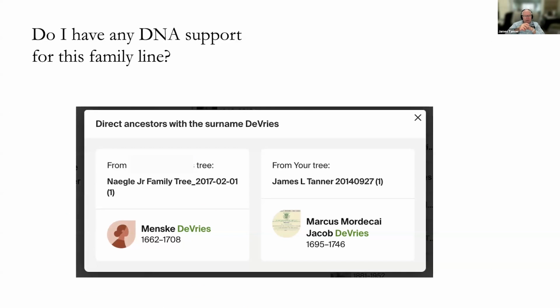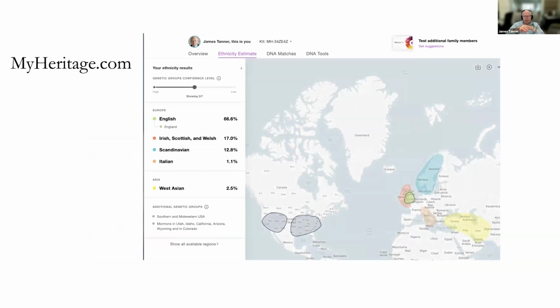So the question is, do I have any DNA support for this family line going back into that time frame? And the answer to that question is that my heritage shows that I have some possible connections over into the Netherlands and Belgium, but not very likely.